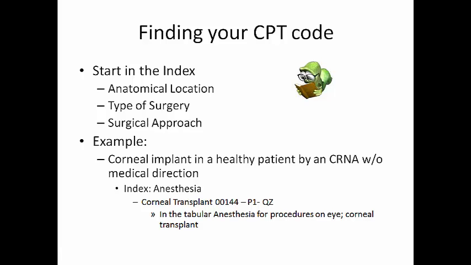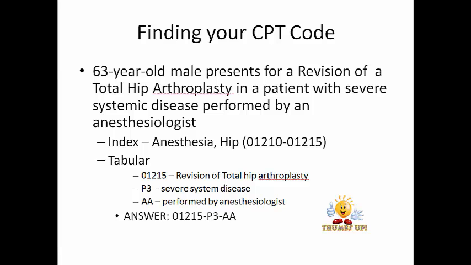Let's look at one more real quick. A 63-year-old male presents for a revision of a total hip arthroplasty, a patient with severe systemic disease, performed by the anesthesiologist. We're going to go to our index, to anesthesia, and look at hip. In the index, we have a code range, so now we need to go to the tabular and see what code in that range fits.